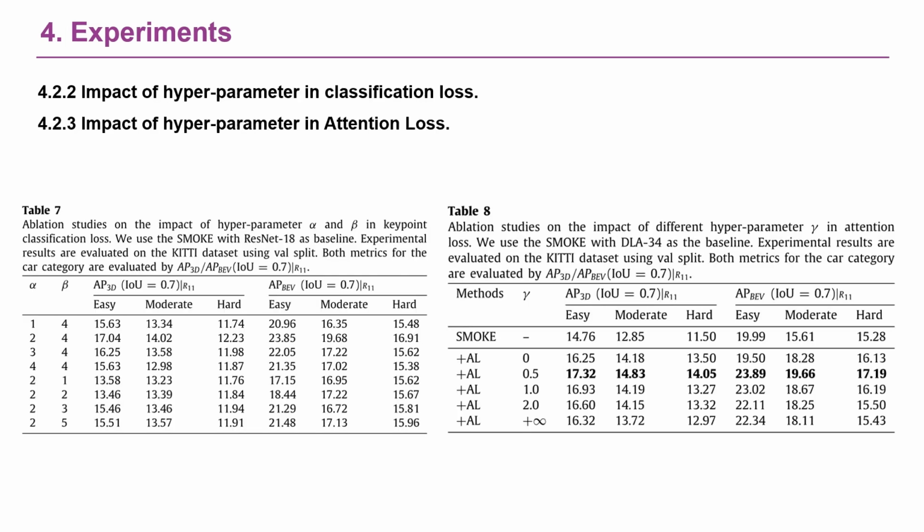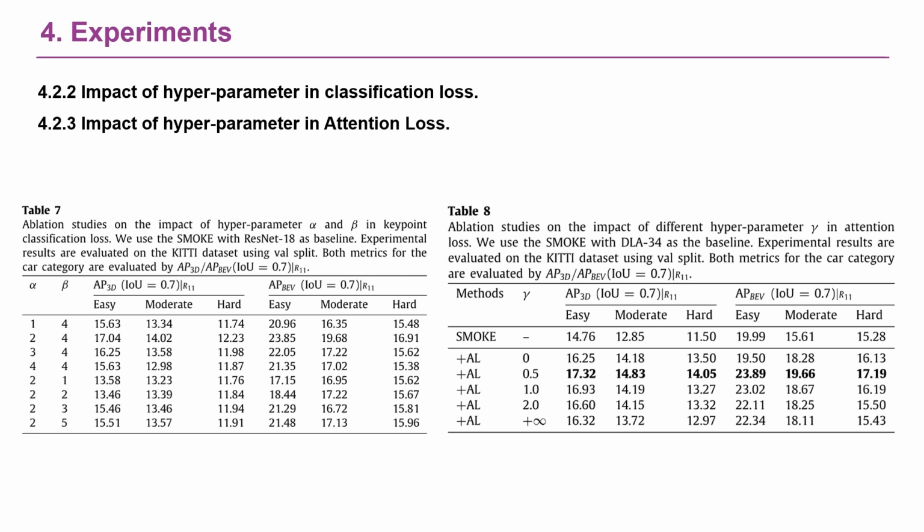To certify the effect of hyperparameters in classification loss, we perform ablation experiments with different alpha and beta combinations. As shown in Table 7, the best performance is acquired when alpha is 2 and beta is set to 4. For the sake of certifying the impact of different hyperparameter gamma in the total loss, we carry out ablation experiments on attention loss with different gamma values.